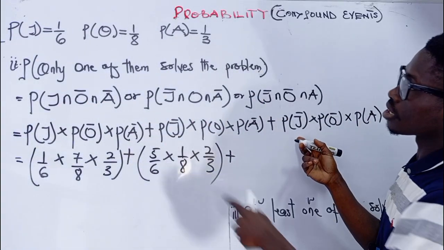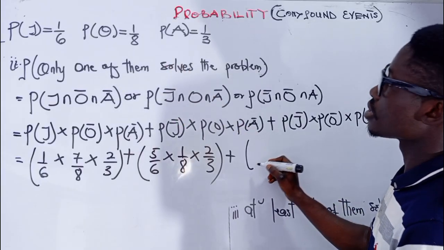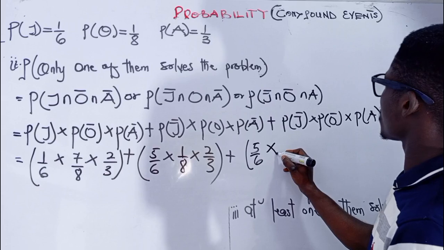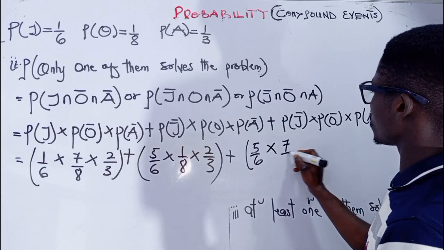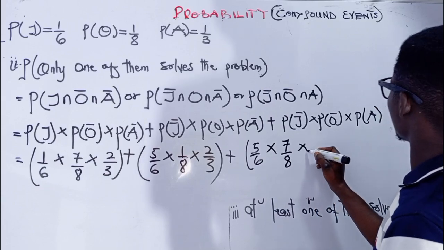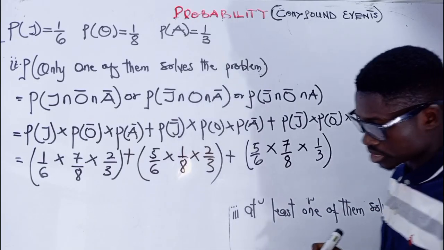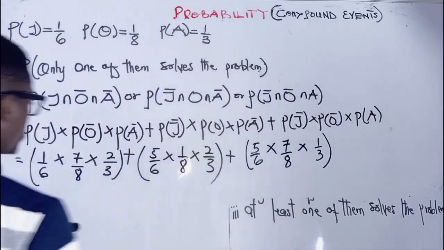Then P of J complement, we have 5 all over 6. P of O complement, we are having 7 all over 8. P of A, we have 1 all over 3. So the rest is multiplication and addition.